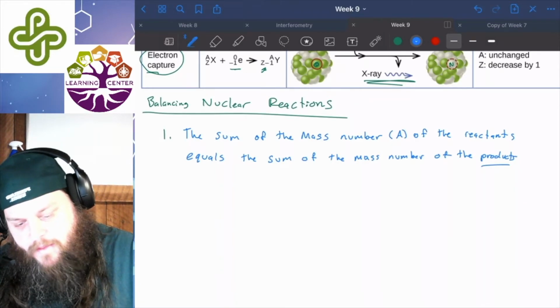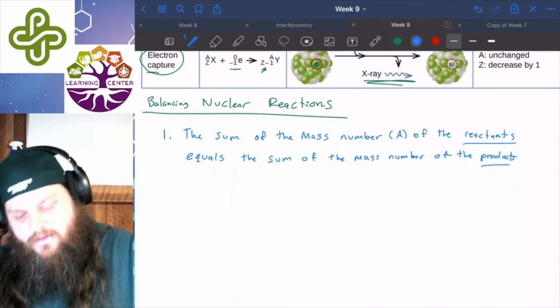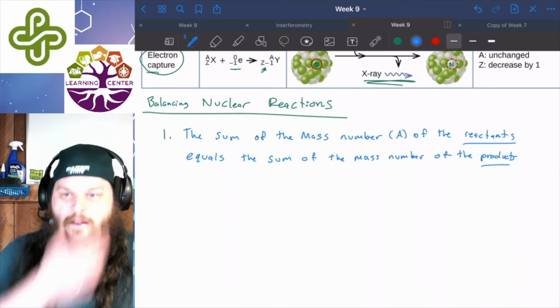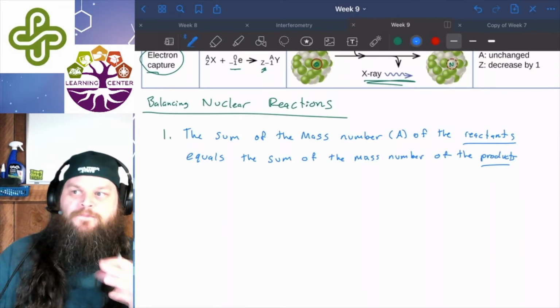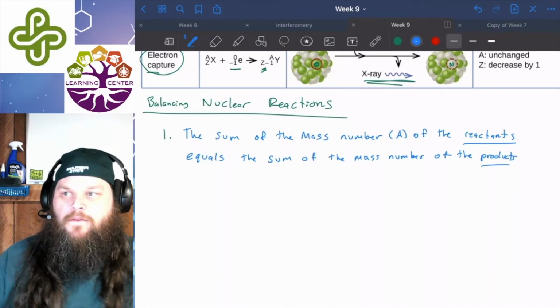That's that A value on the top left side.